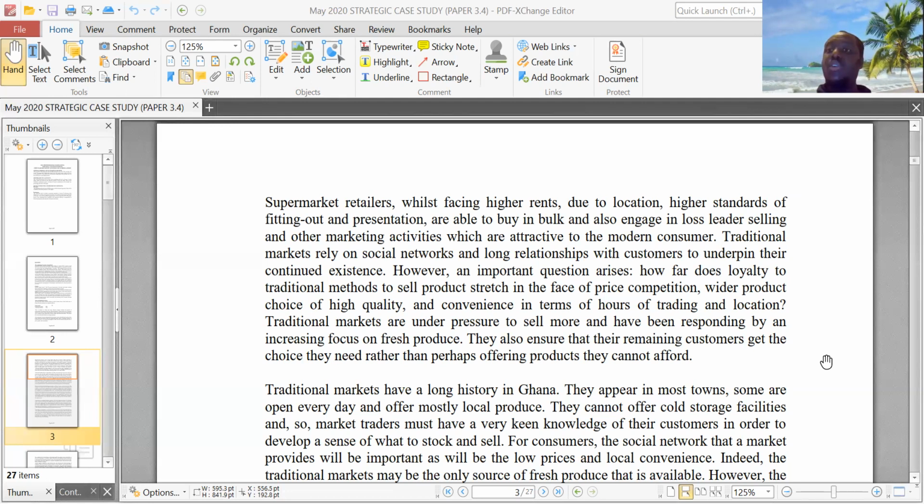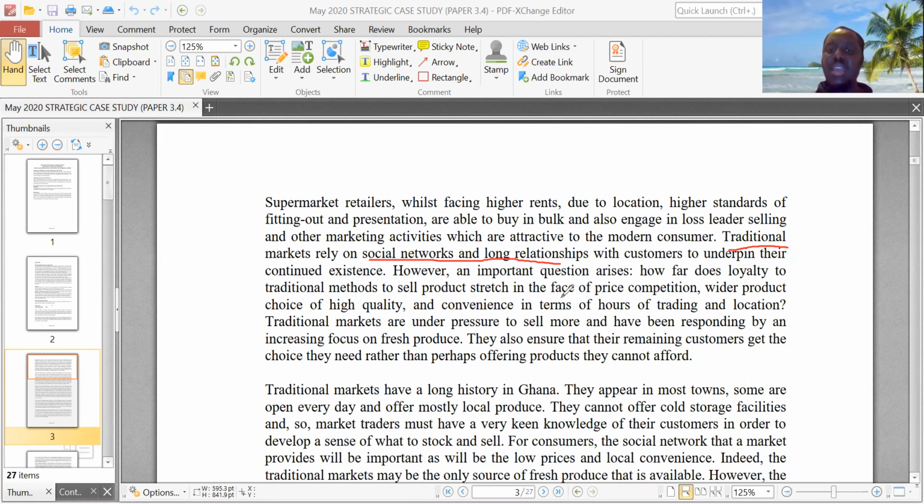Traditional markets rely on social networks and long relationships with customers. So this is how the traditional markets work. It's based on social network and long relationship with customers to underpin their continued existence. But one question that remains is, how far does loyalty to traditional methods to sell products stretch in the face of price competition, wider product choice of high quality, and convenience?